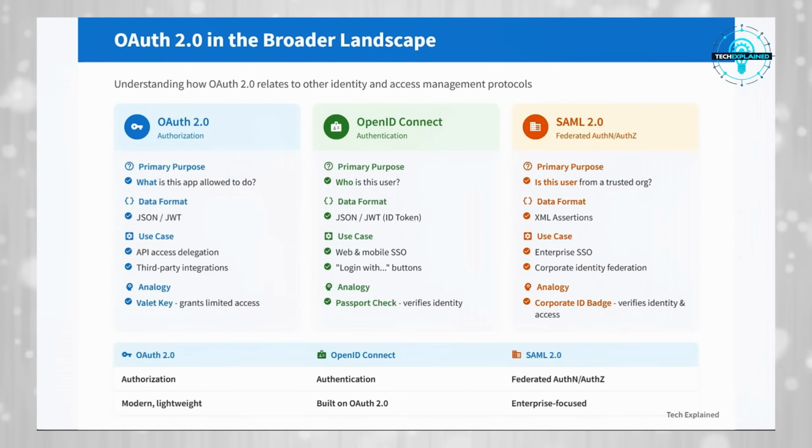OIDC formalized and standardized this common practice, solving a clear market need without reinventing the underlying authorization framework. Understanding these distinctions is crucial for choosing the right protocol for your use case and for avoiding common implementation pitfalls. Now, let's look at some best practices for implementing OAuth 2.0 securely.